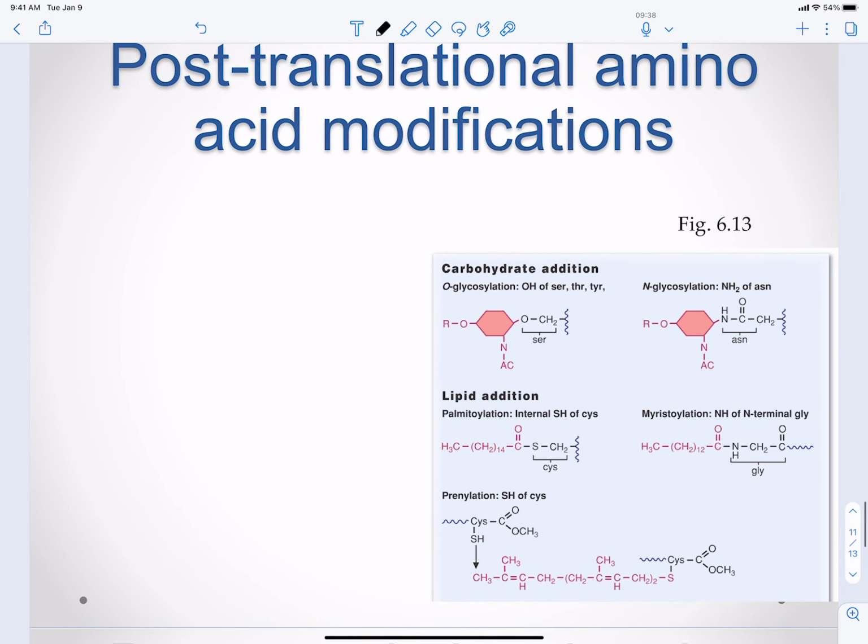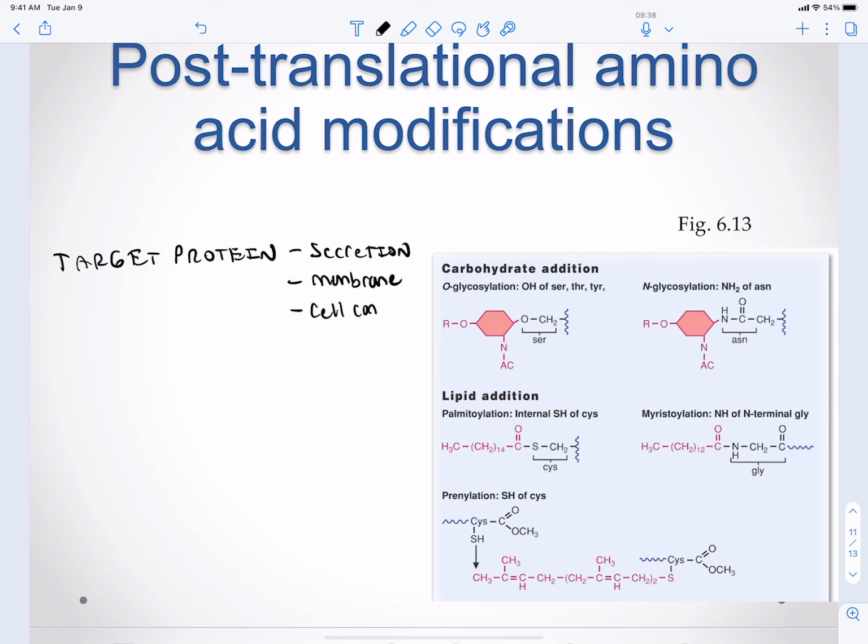Now there's a bunch of different modifications done to our amino acids. These are often going to be post-translational. They're going to target or anchor proteins, so they can target proteins for secretion, for membrane, for a cell compartment.